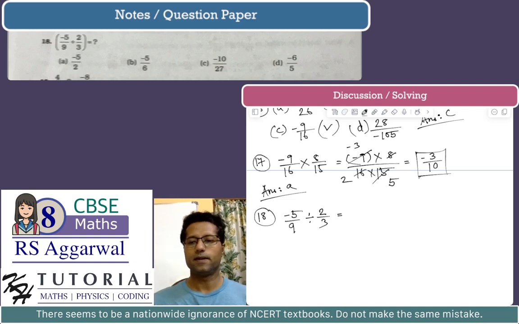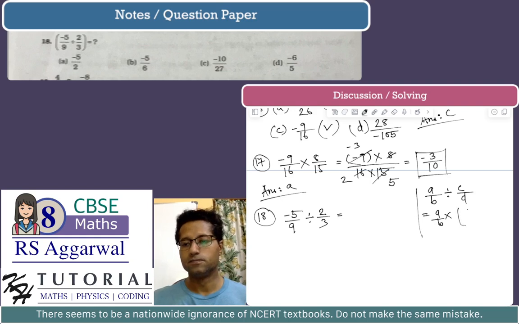We know that a rational number a by b, when divided by another rational number c by d, is equal to a by b multiplied by the multiplicative inverse of c by d. So we know that the multiplicative inverse of c by d is d by c.